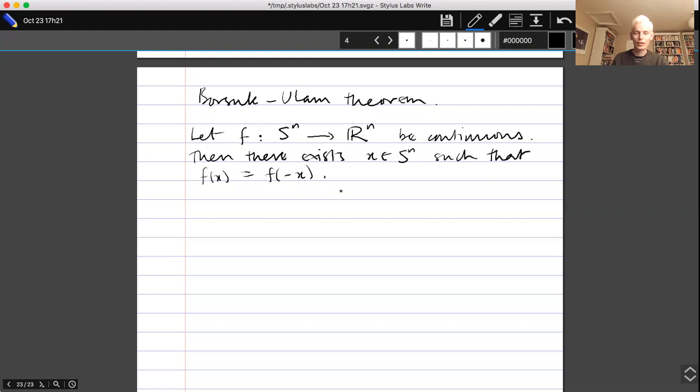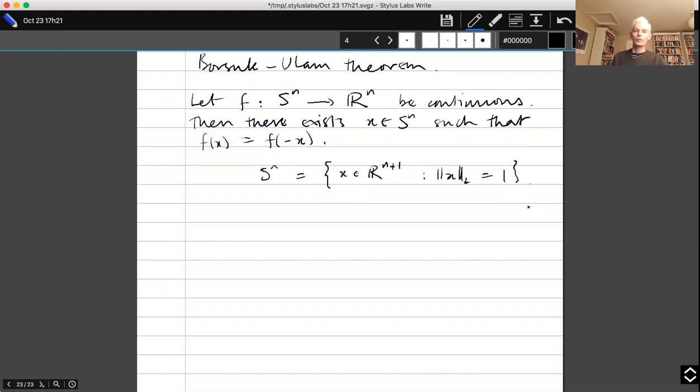I'll just write down for future reference what I just said, that S^n I'm going to be thinking of in a very concrete way as the set of all x in R^(n+1) such that the L2 norm equals 1. Right, now let's call that theorem 1.